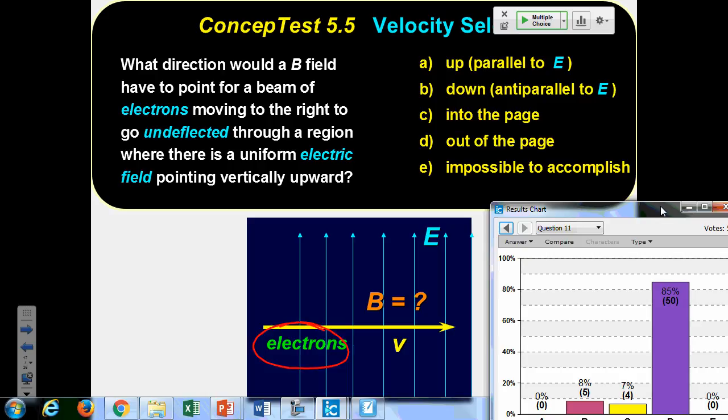But it's very important here that it's an electron. So the electric force is down. So the magnetic force has to be up. So if our magnetic force is up, we do that whole thing where we say, well, v is in this direction. The force has to be up. So my magnetic field has to be into the page. But it's electrons, so I take the opposite. So it's not into the page, it's actually out of the page.